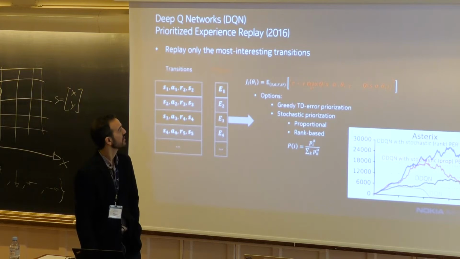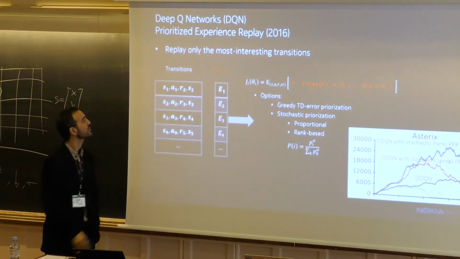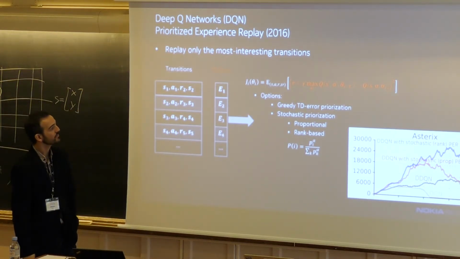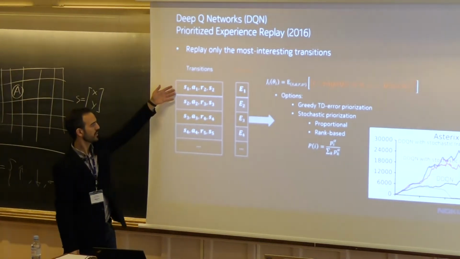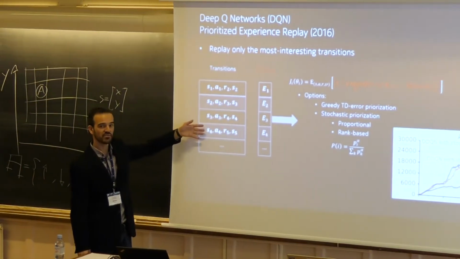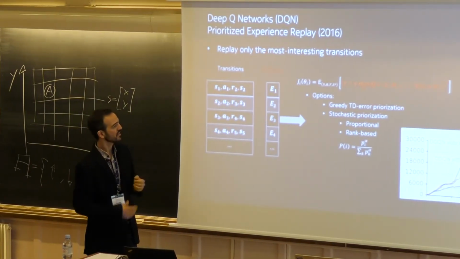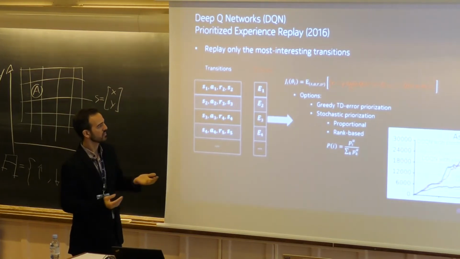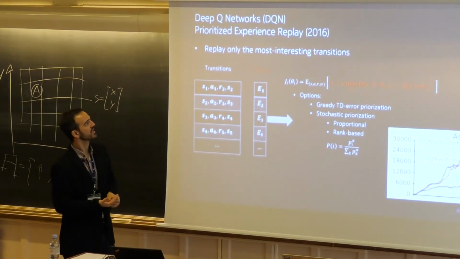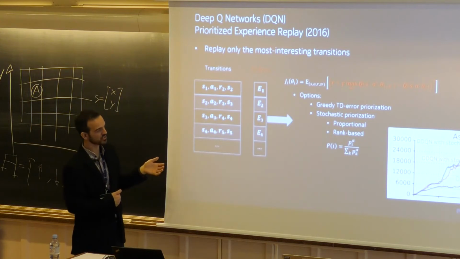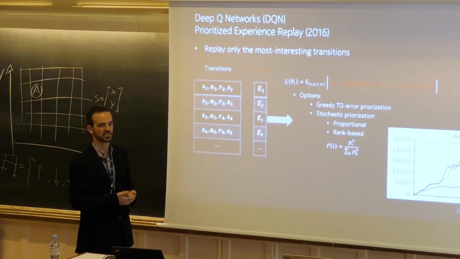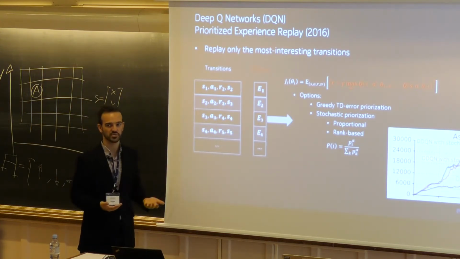Okay, in 2016, somebody proposed prioritized experience replay. You remember that I said at the beginning that we were sampling at random from the experience replay memory, but you don't necessarily need to do that. The idea behind prioritized experience replay is that instead of choosing random transitions, we only choose those transitions for training that are more interesting.